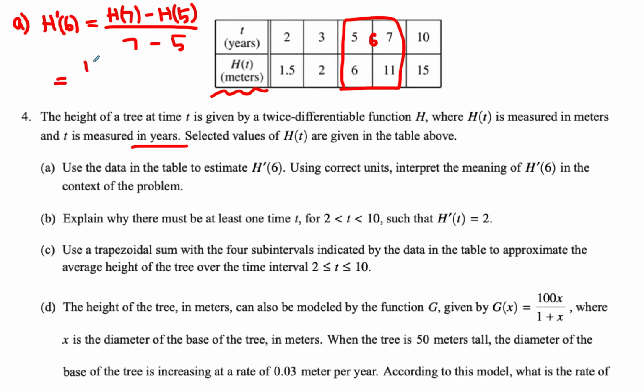Now you can see that h of 7 is equal to 11, and h of 5 is equal to 6, so we get 11 minus 6 over 2, which is 5 over 2. That would have been the value. Now, what would be the unit? This would be how much it is changing, so it's the rate of change in height of the tree.